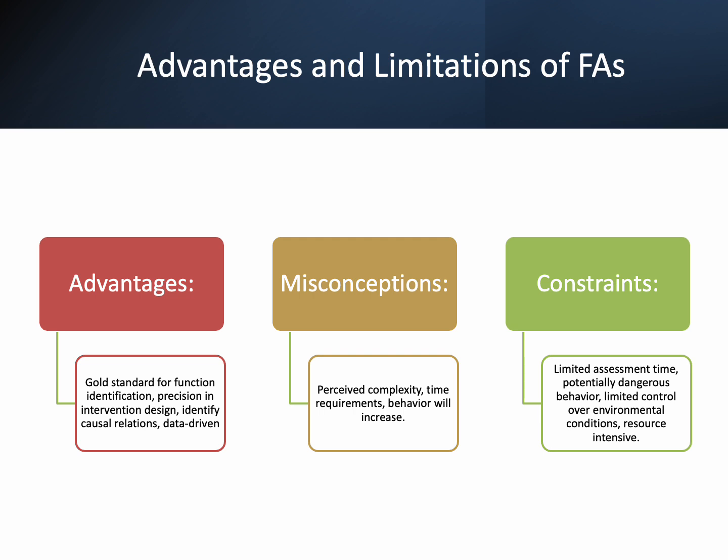rather than having to go through that trial and error process of not conducting an FA, simply conducting a descriptive assessment, saying, I think the function is for attention and I'm going to implement this intervention, and then finding out, well, that intervention wasn't effective and maybe the function is not actually attention. Let me go back and conduct another FBA.